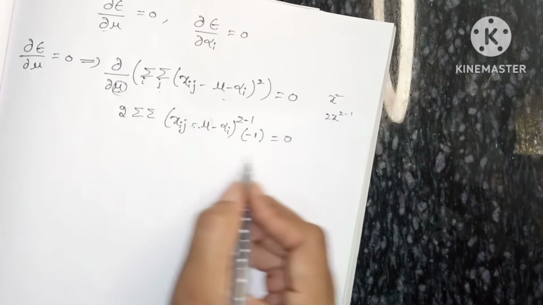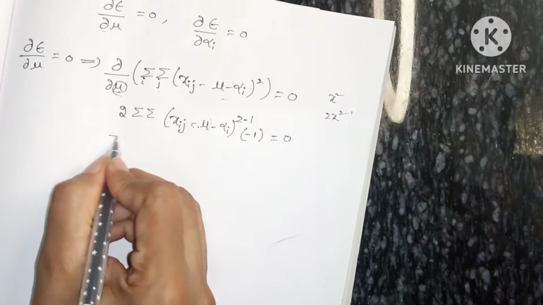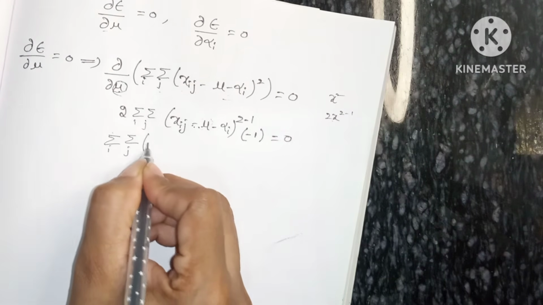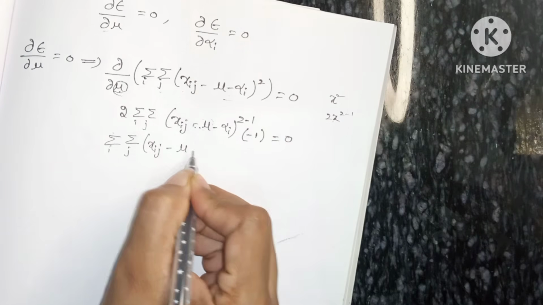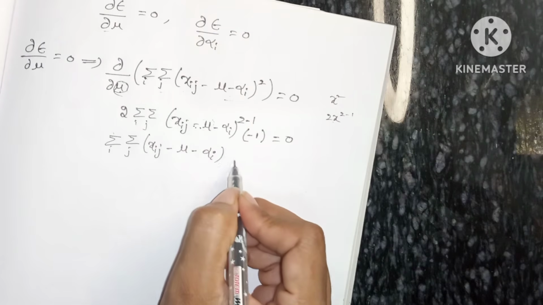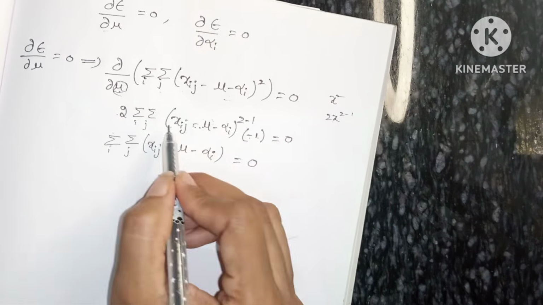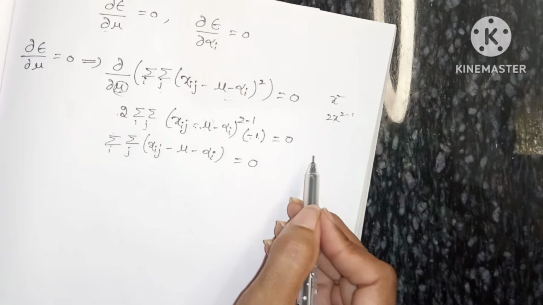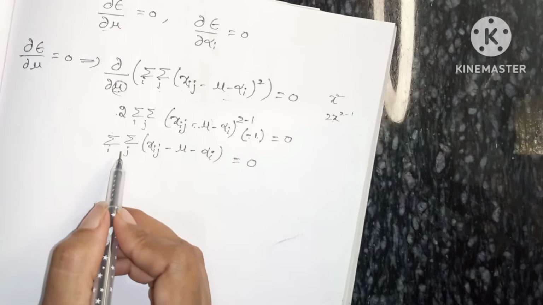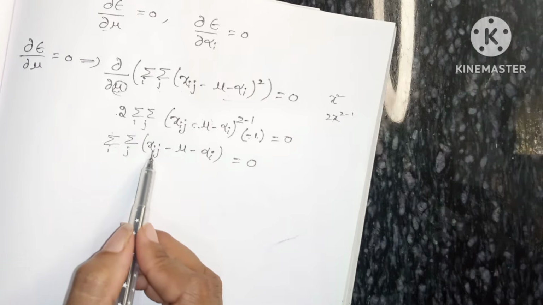So these two we are taking to the right hand side. 2 into 0 is nothing but 0 we'll get. So summation i summation j xij minus mu minus alpha i, 2 minus 1 is nothing but 1, equals 0. Already this 2 and this minus 1 make minus 2, so minus 2 we have taken to the right side, so it becomes 0. The remaining factor is this one. Now we have to multiply these summations with these terms.